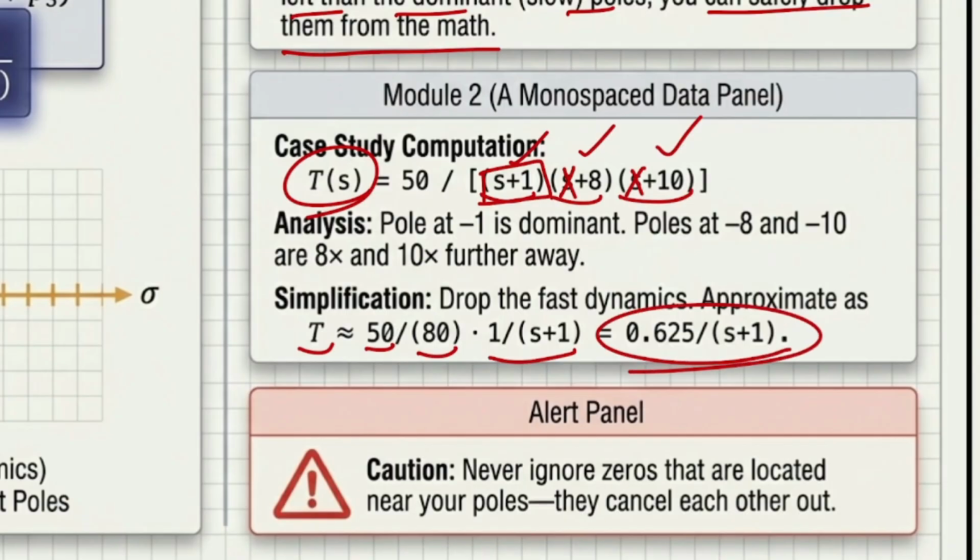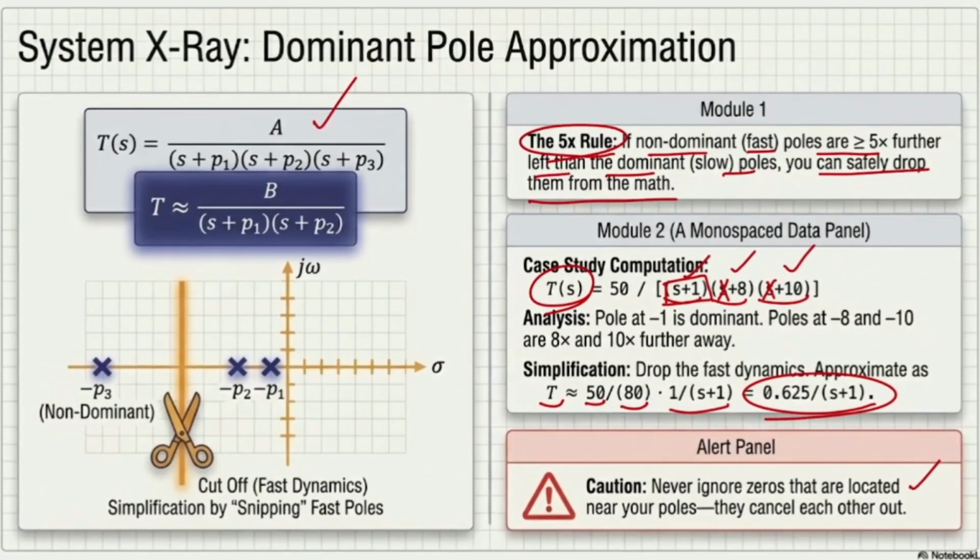So it is very important that while we're dealing with poles, we still have to take care of the zeros, because obviously they are going to have some impact. And at some points, if a zero is very close to a pole, there is a cancellation, and you can get rid of the pole based on that zero.